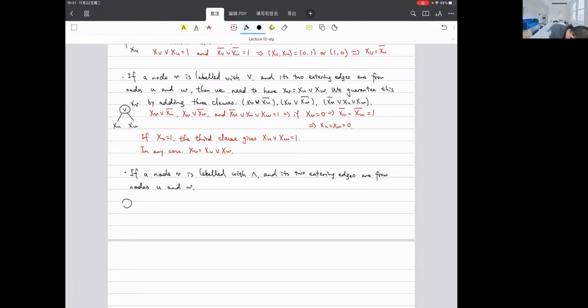So basically, here we are going to have an AND gate, which is the XV, and we are going to have XU, XW here. So in this case, we need to have XV equal to XU and XW. So in this case, we guarantee this. We are also adding three clauses here.